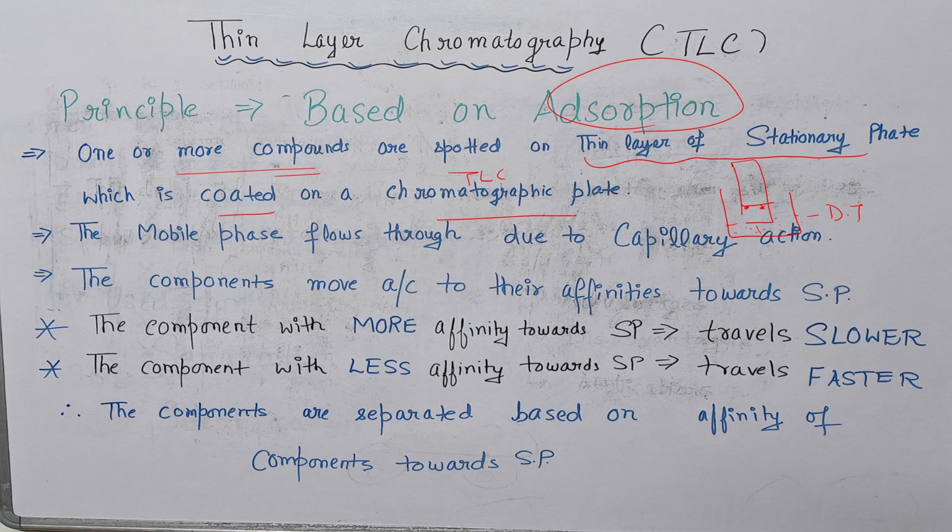This mobile phase will flow through the TLC plate by capillary action, and the components move according to their affinities towards the stationary phase. If the compound has more affinity towards the stationary phase, it will travel slower, and if the component has less affinity towards the stationary phase, it will travel faster. And hence the components are separated based on their affinity towards the stationary phase.